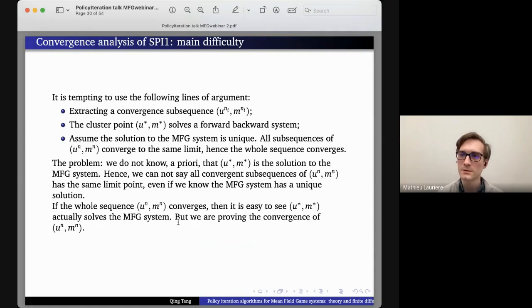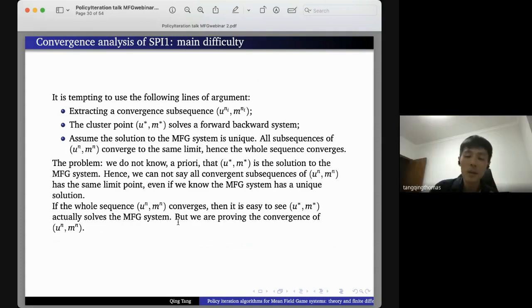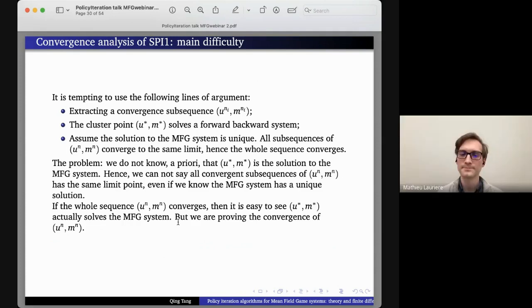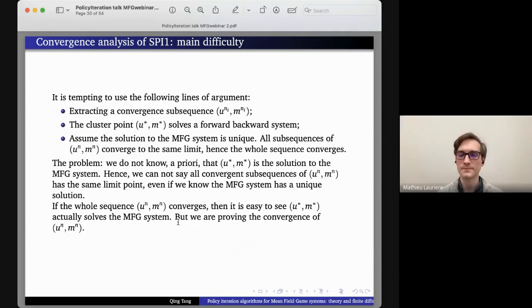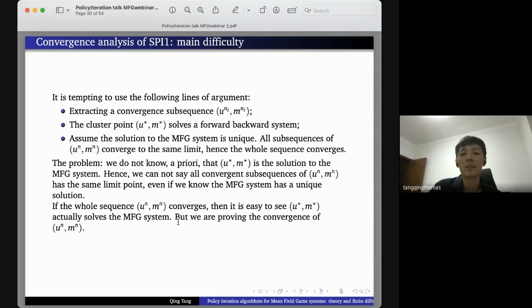Yes, exactly. When I say extract a subsequence, that's from a theoretical analysis point of view. But the whole point is that if I extract a subsequence and have a limit point, it might not be the solution to the MFG system.